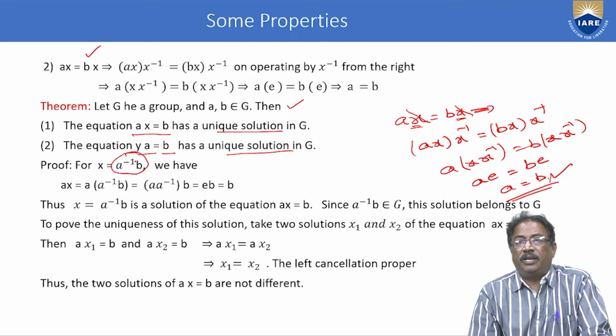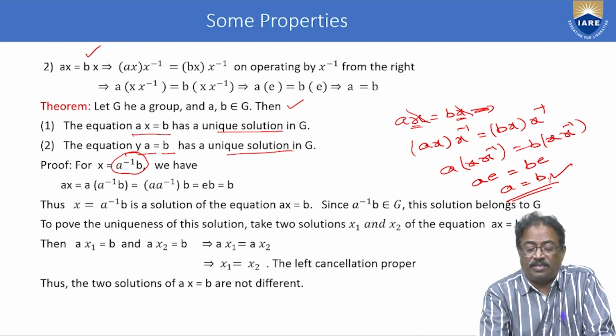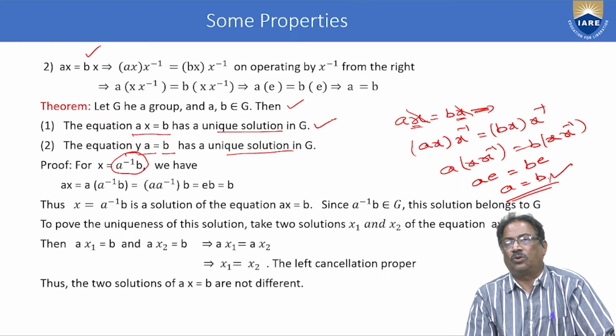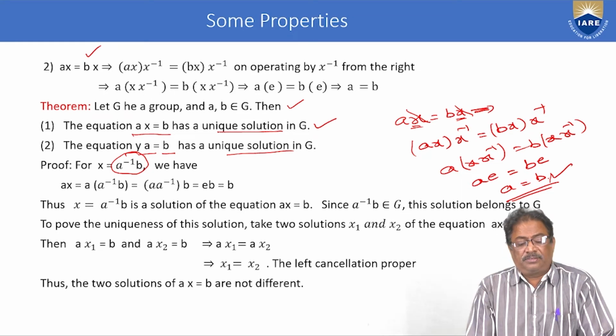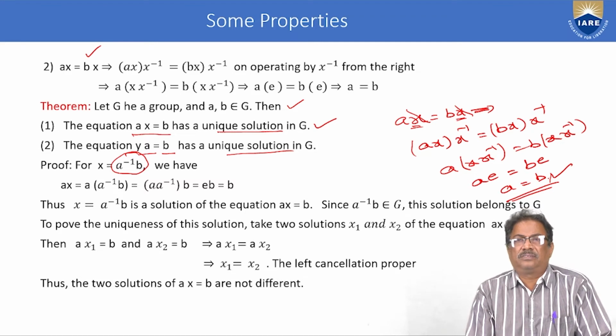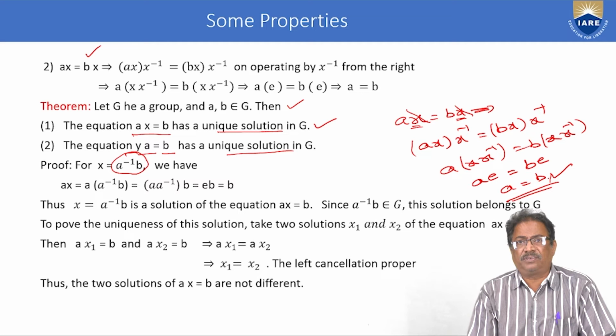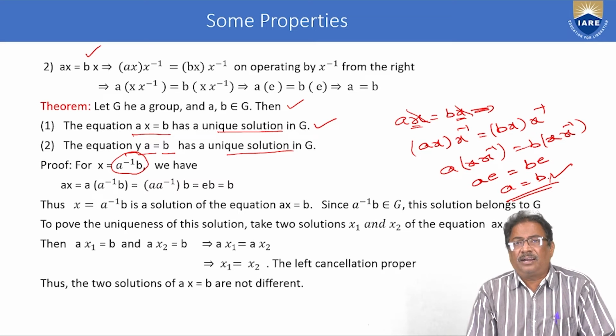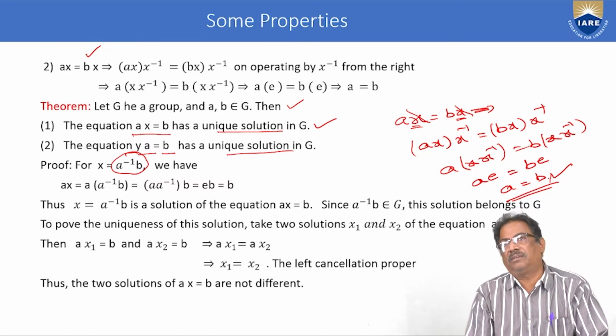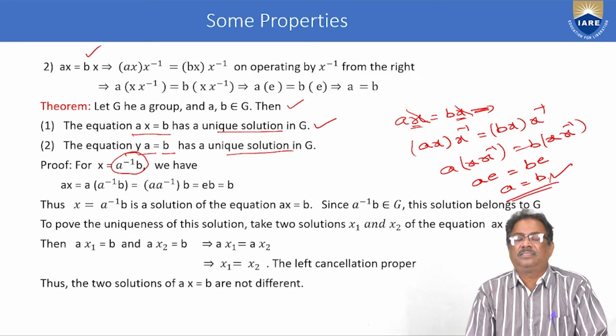When we say that something is a solution of an equation, it means it satisfies the equation. So any expression for x, if substituted into the equation, satisfies it, then that is the solution.